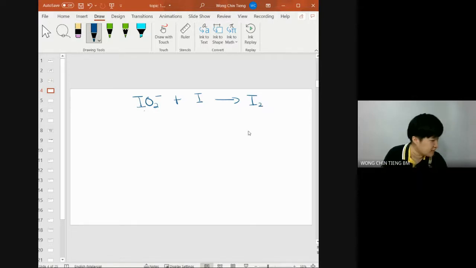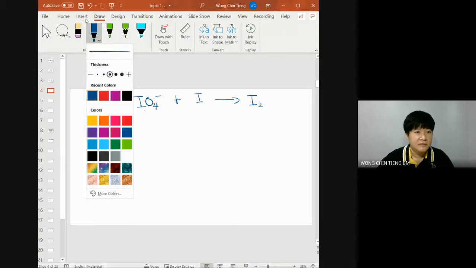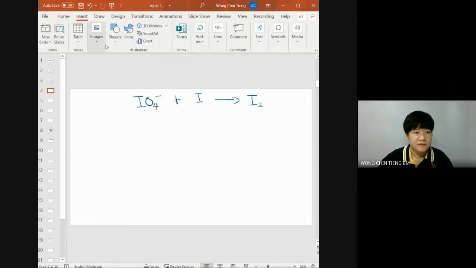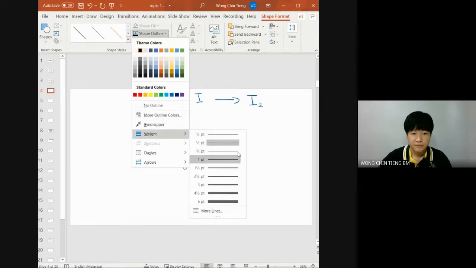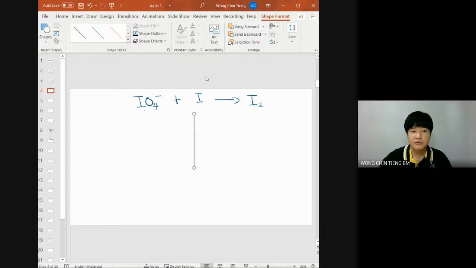Okay, try together, everybody. We are going to do this together. Tak ada soalan ni dalam buku, so tak payah cari. Pen, paper, we are going to do this together.